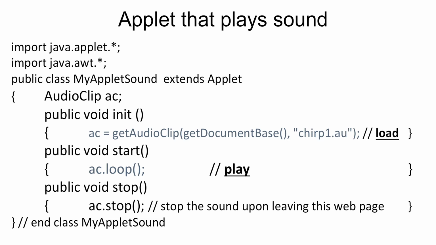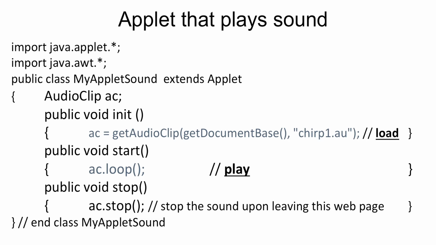The first line inside this class is AudioClip ac; ac is an object of the AudioClip class. The public void init function is there, the start function is there, the stop function is there, and the loop method is also used inside the start function.